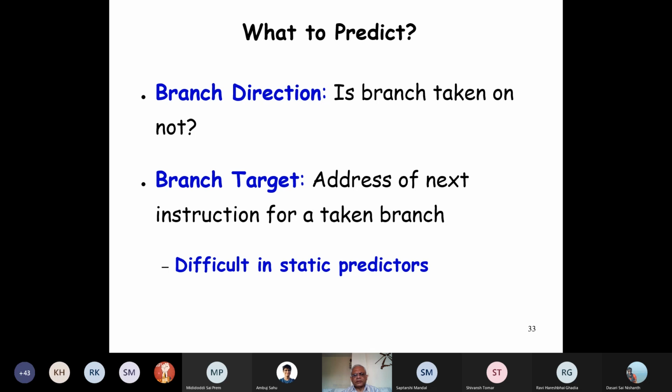But also, if the branch is taken, just predicting that it is taken does not help, because we need to have the address to which it will jump. Otherwise, just predicting taken is no use. And this is the difficulty in the static predictors: even if we predict that it is taken, by that time we don't know the address, and so the prediction is as good as useless.